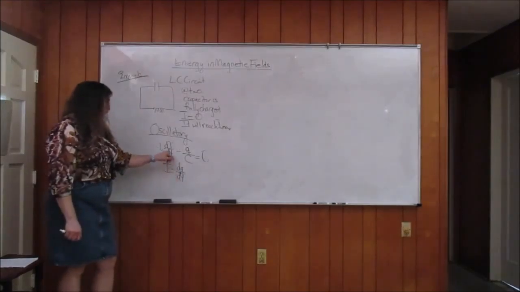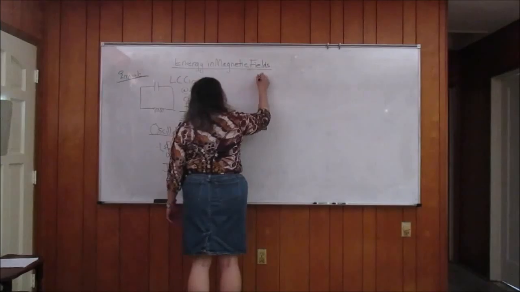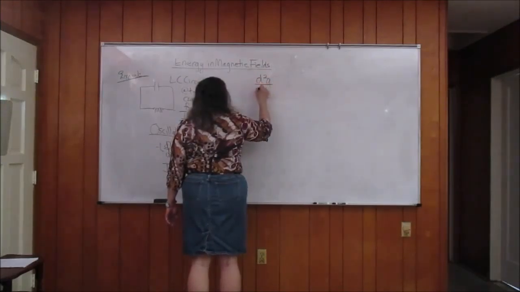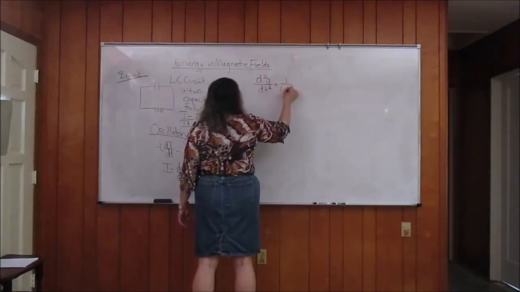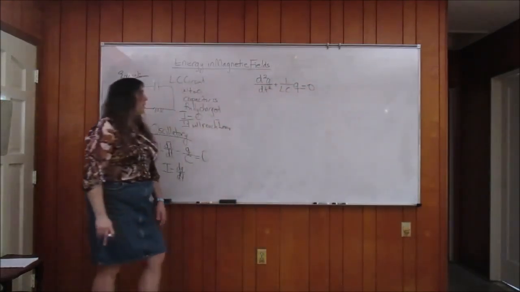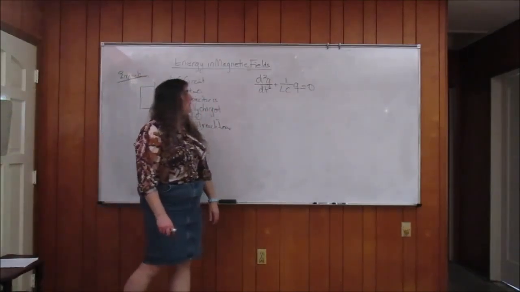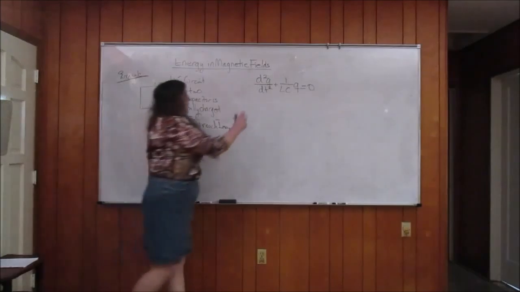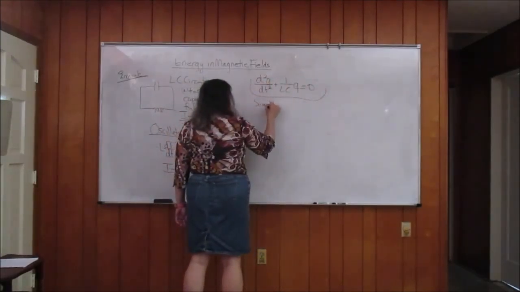So if I plug this in here, what I'll have is a second order differential equation. Second derivative of charge with respect to time plus Q over LC is equal to 0. Lo and behold, this is just the equation of a simple harmonic oscillator.